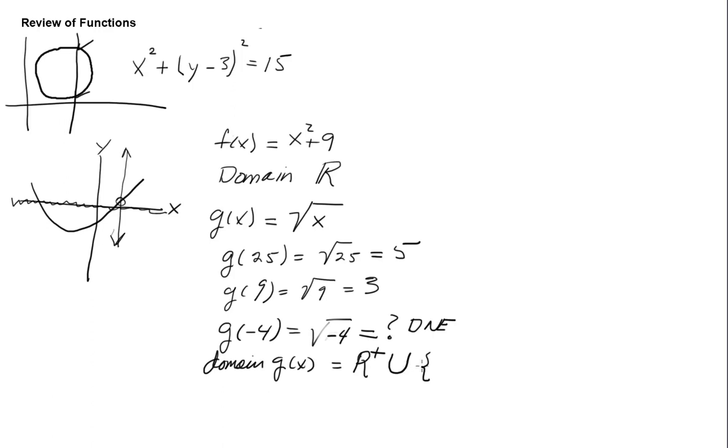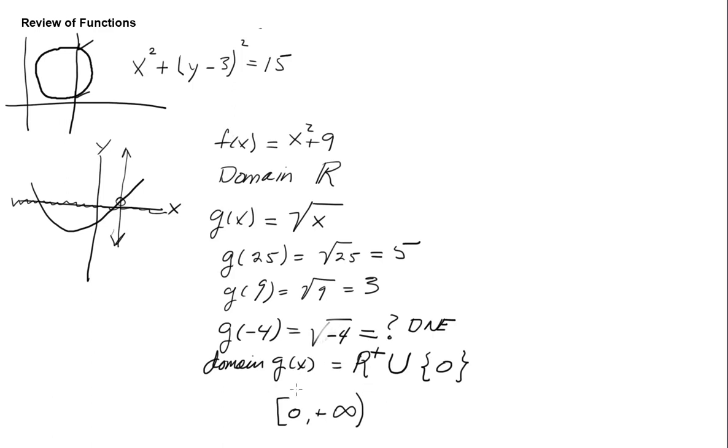So I would use the union sign and then put my 0 in between curly brackets. And in set theory, we read this as the singleton 0, meaning the set that contains only 0. So here's the domain of g. It's R plus union {0}. Sometimes we might write this domain as [0, infinity), and that's acceptable also.